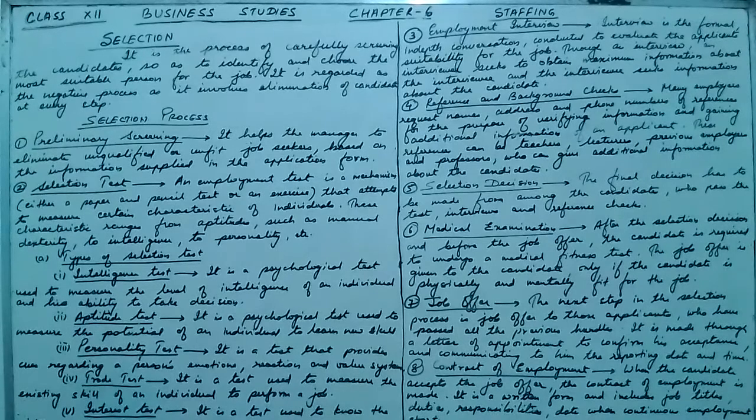And then the last is the interest test. It is a test used to know the interest or involvement of the person in other activities. So whether the person is interested in other activities or not is measured through the interest test.